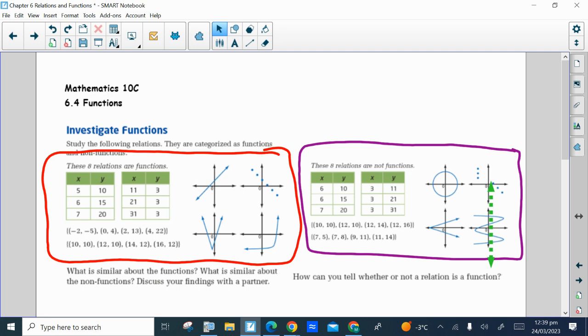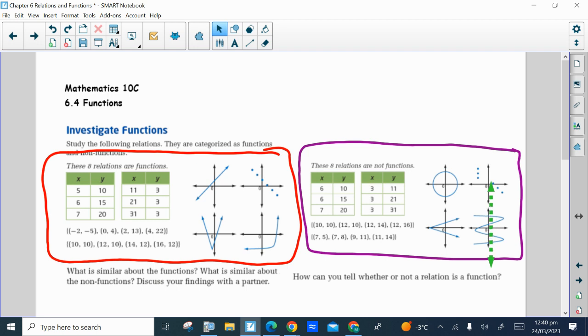It's true for all these graphs, you can put the vertical line so it doesn't cross the graph at all. But all you have to be able to do is find one spot where a vertical line will cross the graph in more than one spot, and that means you'll have more than one point with the same x value because these x values are stacked on top of each other, right?